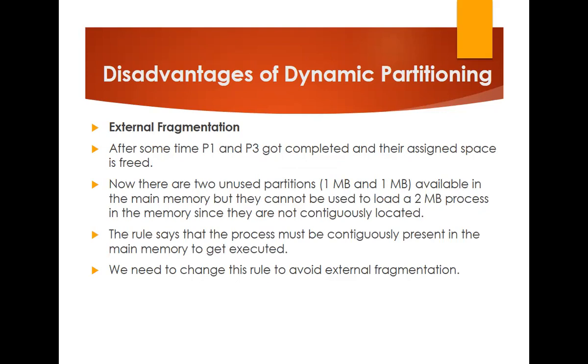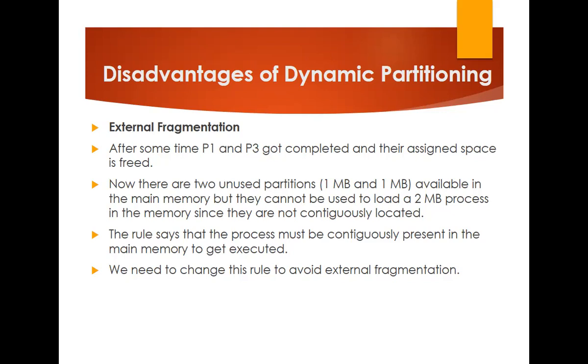Okay, after some time, P1 and P3 got completed and their assigned space is free. So this one and this one, they were using, but after a while they are just deallocated.